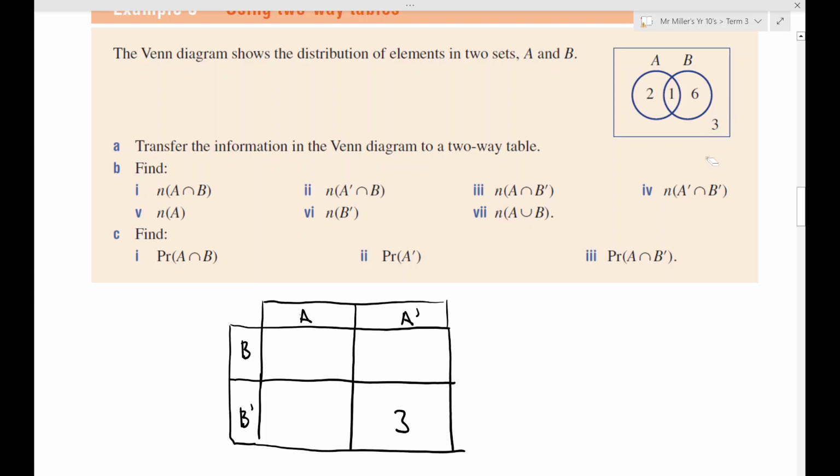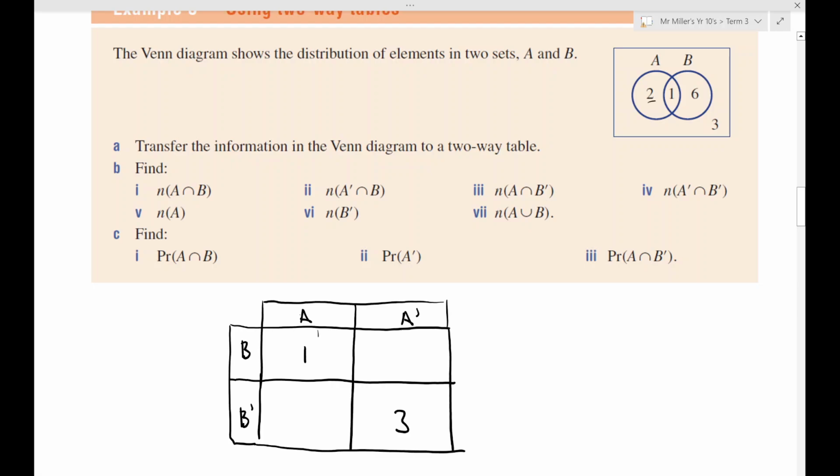Next, I'd probably look at this intersect. I'd say, well, 1 is the number of people that like A and B. So A and B, it's going to be 1 individual here. So now we see that the people that like A but do not like B, that's a total of 2.